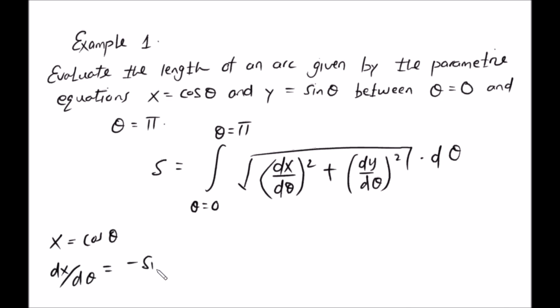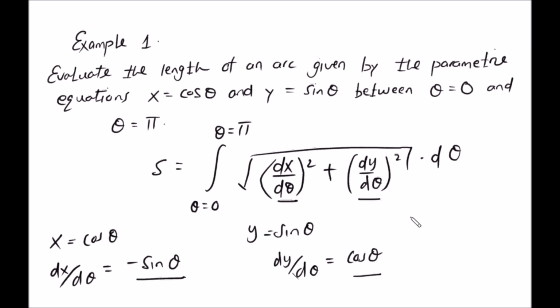So from x sana cos theta, dx d theta is very simple, itakuwa ni negative sin of theta, wakati from y is equal to sin theta tuliopewa hapo juu, dy d theta is very simple, itakuwa ni cos theta. Kwa hiyo hapa kwenye dx d theta naweka negative sin theta, alafu hapa kwenye dy d theta naweka cos theta, alafu na integrate, maana nitapata length of an arc.